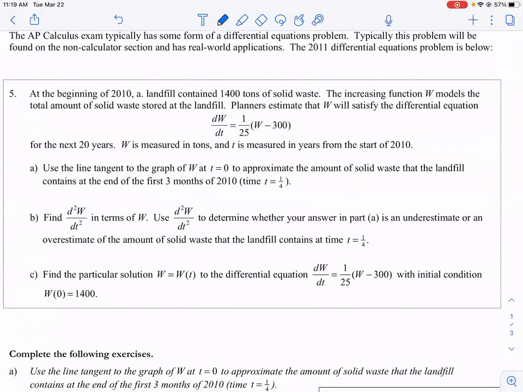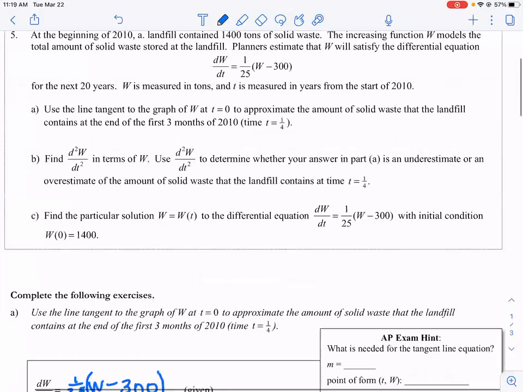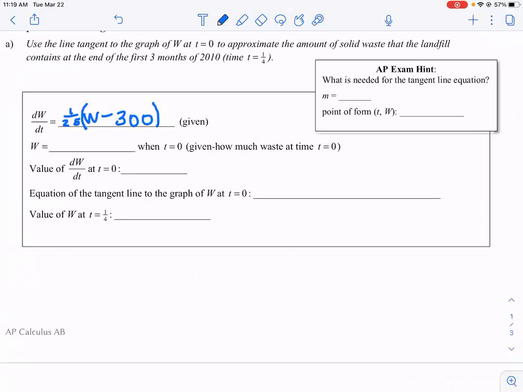At the beginning of 2010, a landfill contained 1,400 tons of solid waste. Okay. When time is 0, W is 1,400. So if I'm asking you for the tangent line to the graph at time is 0, first of all, we need our slope and we need our point.